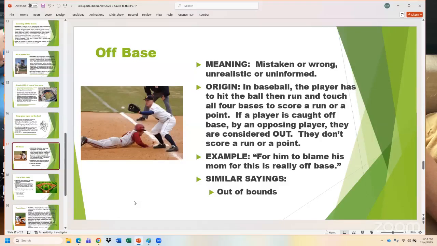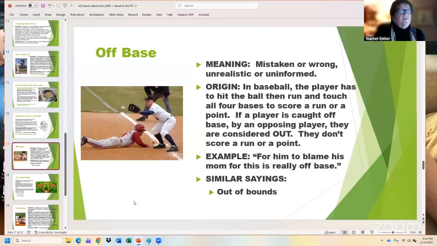If a player is cutting off base by an opposing player, they are considered out. They don't score a run or a point. Example, for him to blame his mom for this is really off base.